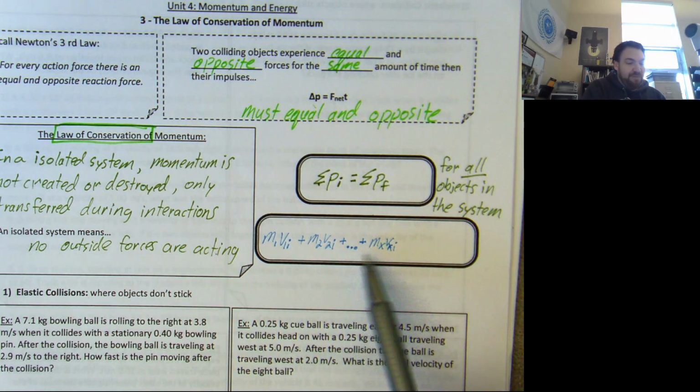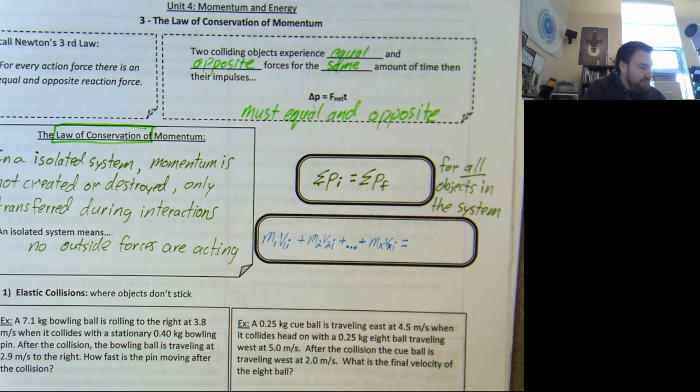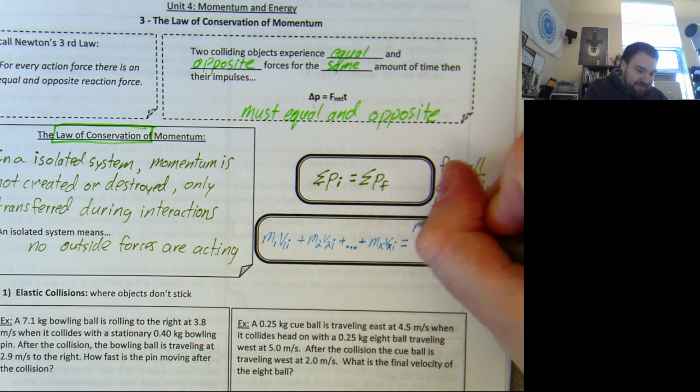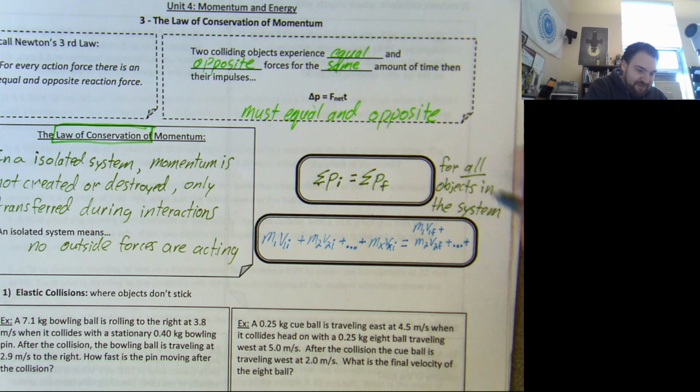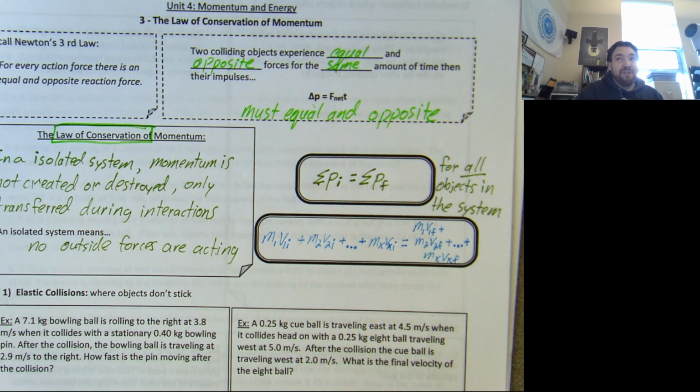So the sum of all your initial momentums must be equal to m1v1f plus m2v2f plus ... plus mxvxf. So we're going to take all of the initial momentums for all of the objects in the problem, and the sum of those needs to equal the sum of all of the final momentums for the final objects in whatever the system is.